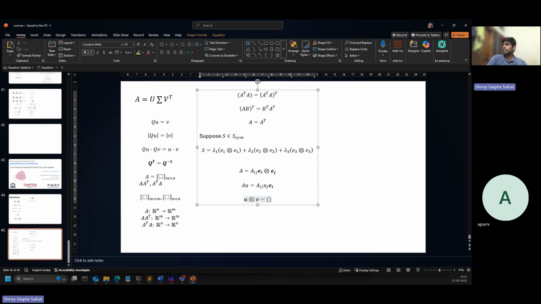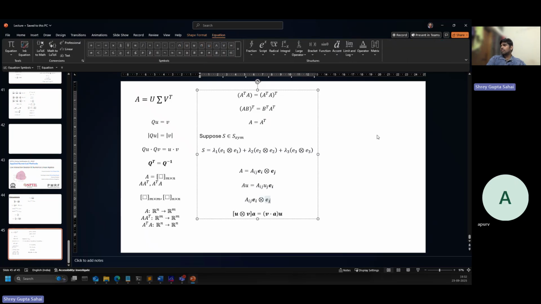Suppose this is the tensor and you multiply it with some vector, let's say u. Then this is the definition of your tensor, this is what a dyadic product means. It's just one way of writing this entire thing.